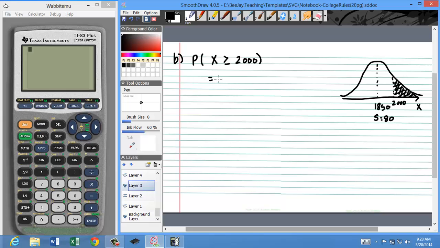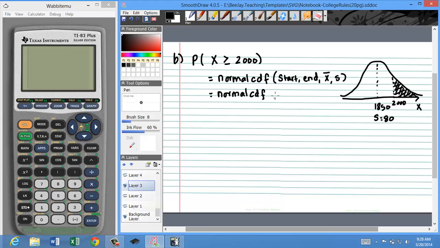So in this particular problem, we will use the same normal CDF, not PDF. We have to use CDF, and we plug in the start point of the area, the end point of the area, the mean, and the standard deviation. In my problem, I have normal CDF.